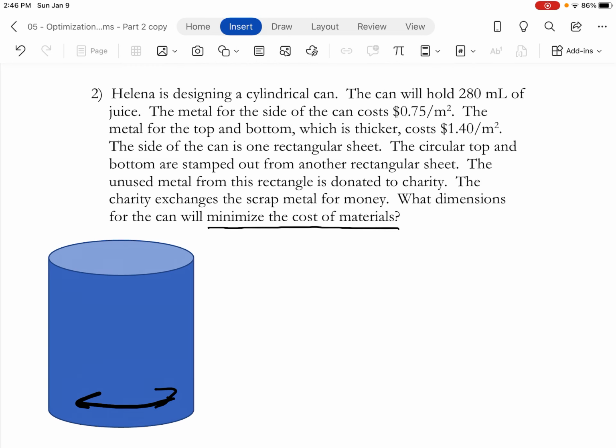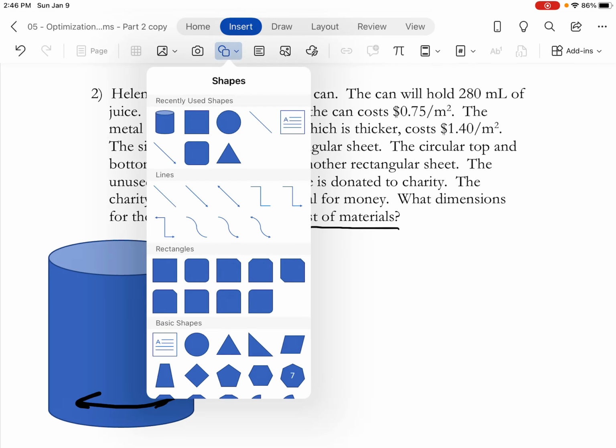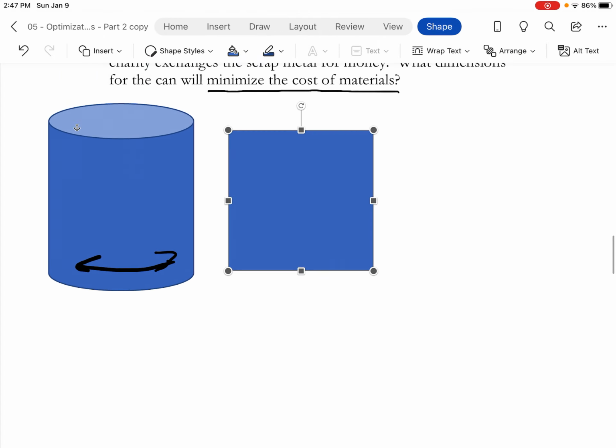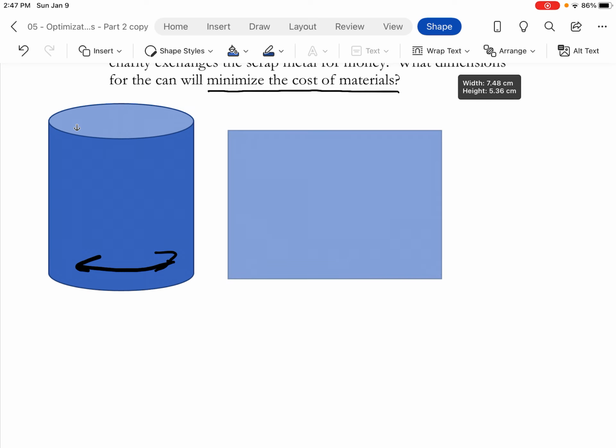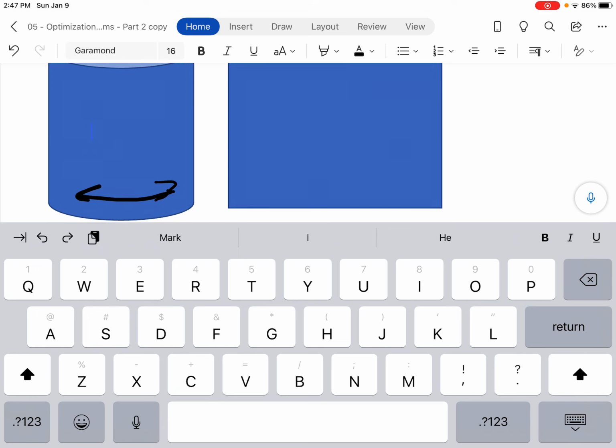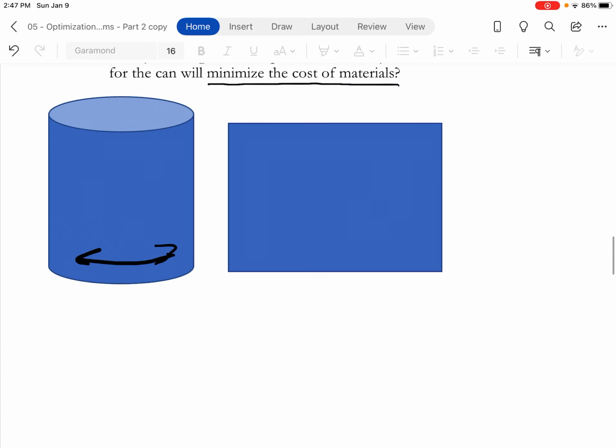And I'm going to go back to my rectangles here because they were the same color. And I'm going to put a rectangle right beside it. I really want it to be sort of the same size, so you can see that side is rolled around like this, and that's the side of the can. What I mean is you roll that can out and you get this soup label.